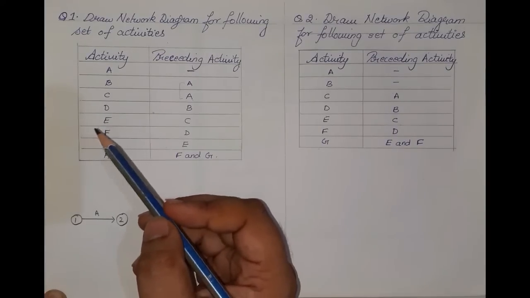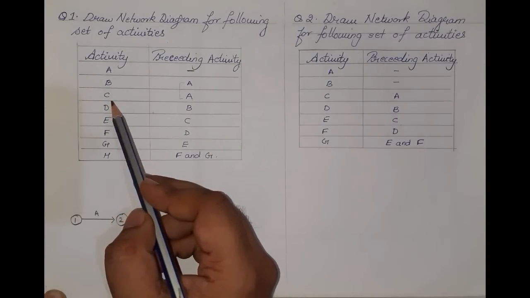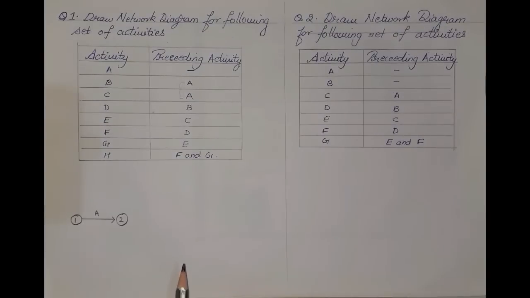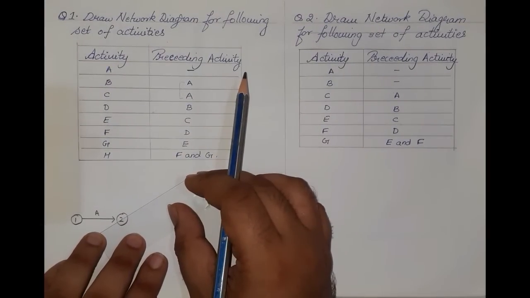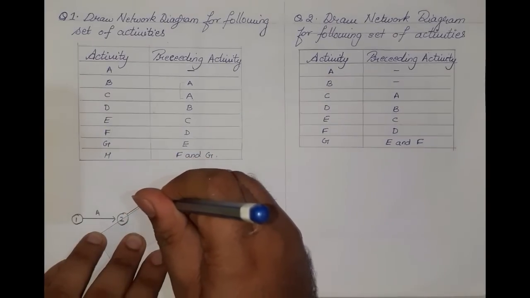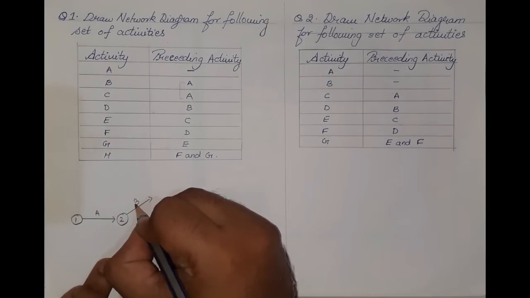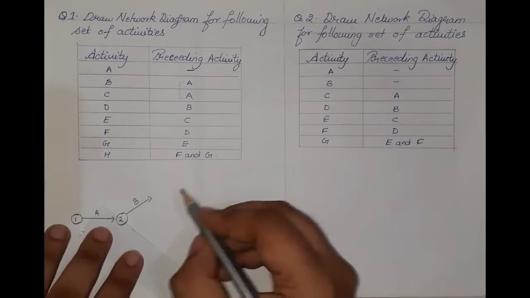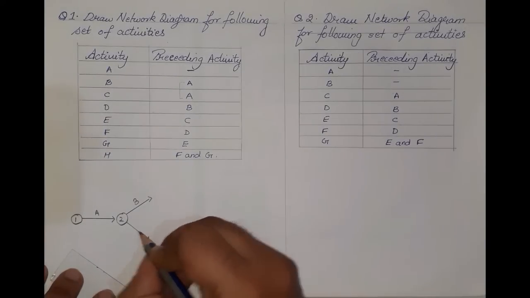So that's basically the burst event where we have activity B and activity C evolving. So we'll draw that now. From event 2, we have two activities, activity B and activity C, evolving.